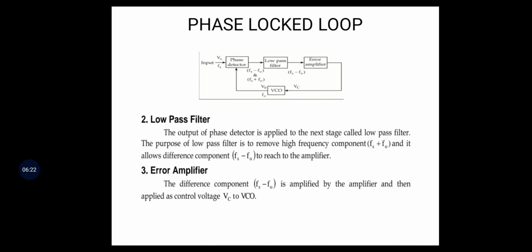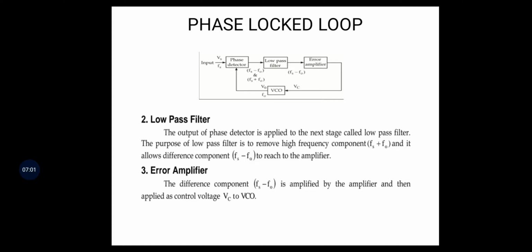Next, after the phase detector, there is the low pass filter block. The output of the phase detector is applied to the next stage, the low pass filter. The purpose of the low pass filter is to remove the high frequency component Fs plus F0 and allow the difference component Fs minus F0 to reach the amplifier.